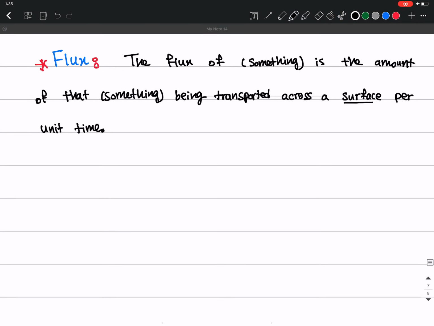So for example, say you have a flow, a kind of general flow field. So we have something like this.